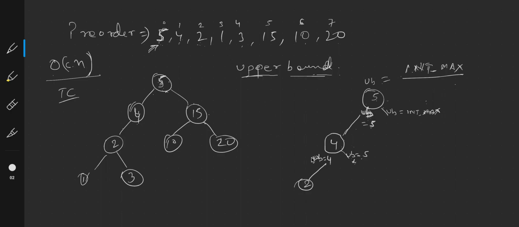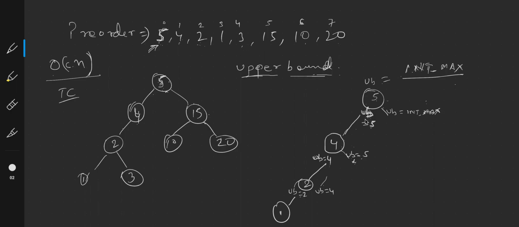Similarly for 1, here upper bound is 2 for the left child, and here upper bound is 4 for the right child. The upper bound is the same as the upper bound of the parent node for the right child, but for the left child, we update the upper bound to the current node value. So when 1 is encountered, it will come down, come down, come down. It is less than 2, so it will get inserted here.